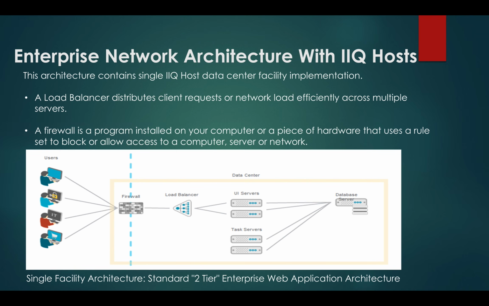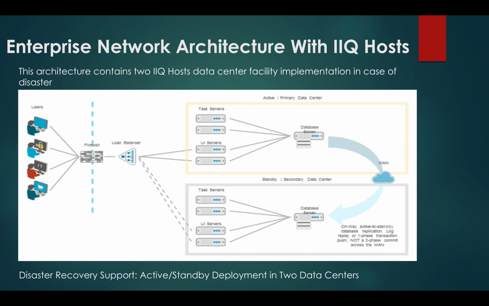But if we want to have this single facility architecture with disaster recovery, then there are going to be certain tweaks in the architecture. This is the architecture which contains two IIQ host data center facility implementation in case of disaster.